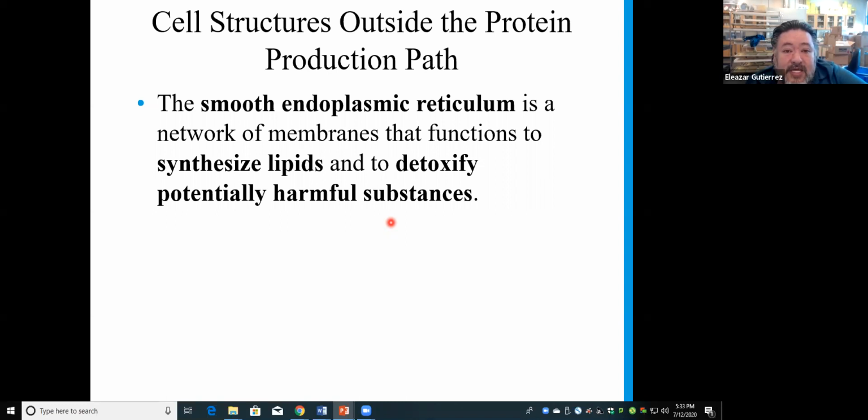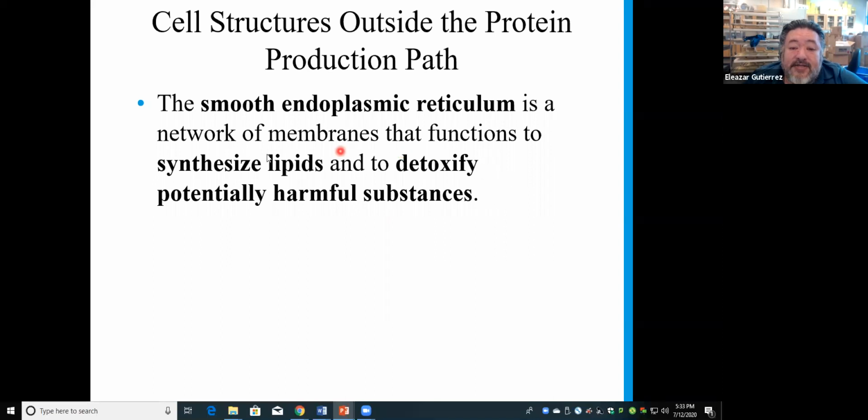So anytime that you consume something that is toxic, it doesn't have to be an excess of aspirin. It could be an excess of alcohol. Okay, the liver is beaten up, and the kidneys are beaten up, and that's limiting your lifespan.